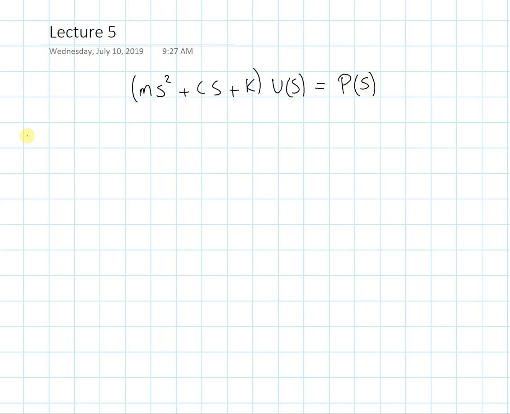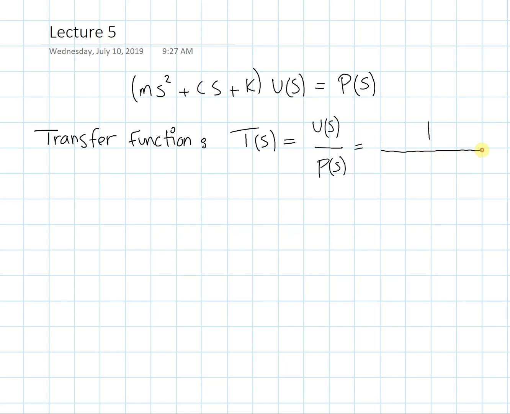So now we can introduce the concept of transfer functions. Using what I have up here, I can derive a transfer function from my equation of motion. And I will have U(s), which is the output, U being displacement, P(s) being the input. I will get 1 over ms squared plus cs plus k.